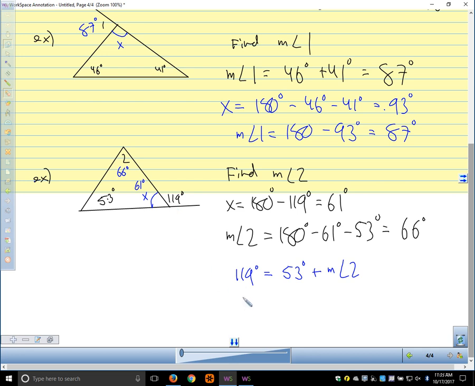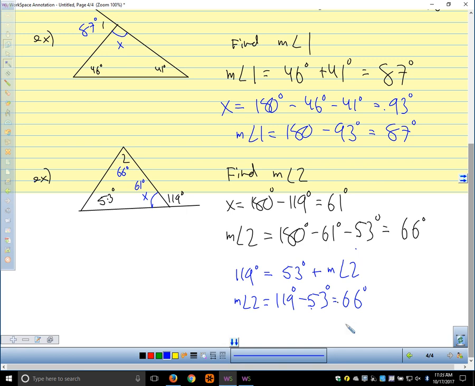So the measure of angle 2 is 119 minus 53. And we'd get the same answer. So we can use the exterior angles and the remote interior angles, or we can use triangle sum.